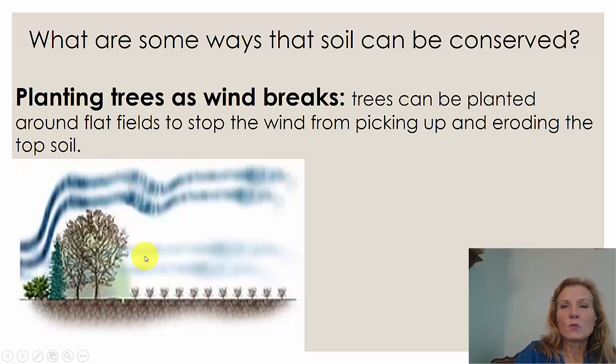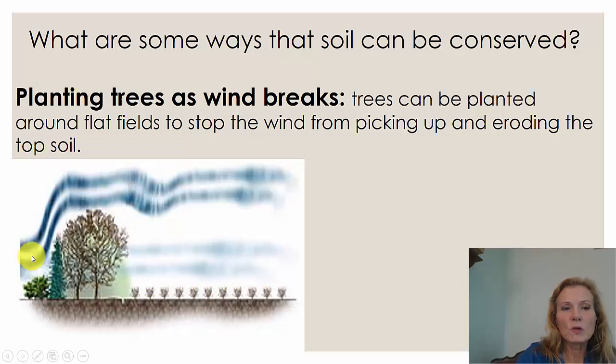So planting trees as windbreaks is another way, especially out in the plains areas where you have these huge expanses of flat land, and the wind just comes whipping across those areas and picks up the soil. So if you go in and you plow the soil, it exposes the soil to the wind. So if you plant trees, like here's some smaller shrubs, some taller trees, and then some taller trees, but here is the crop here.